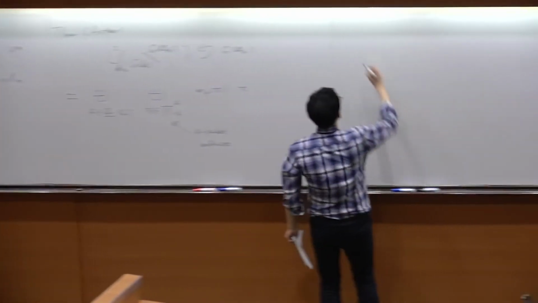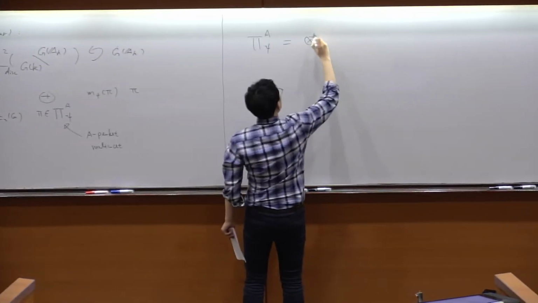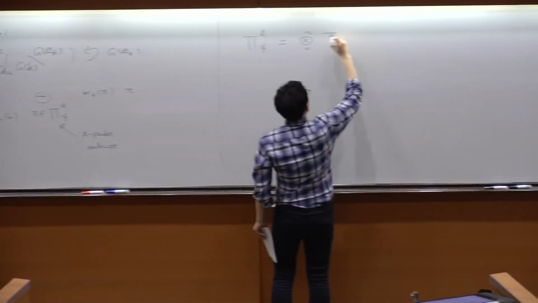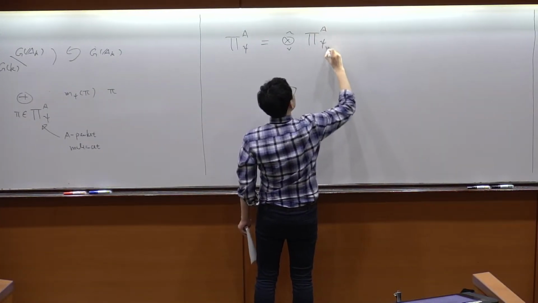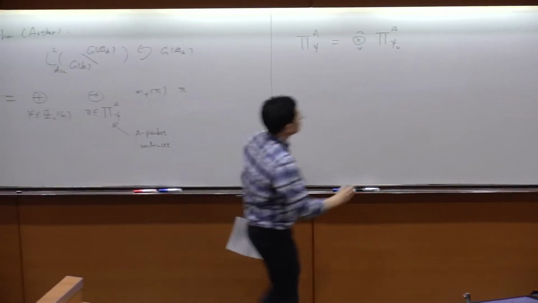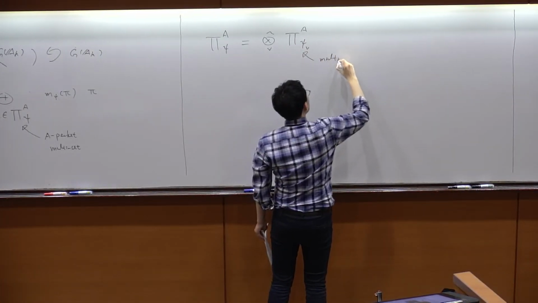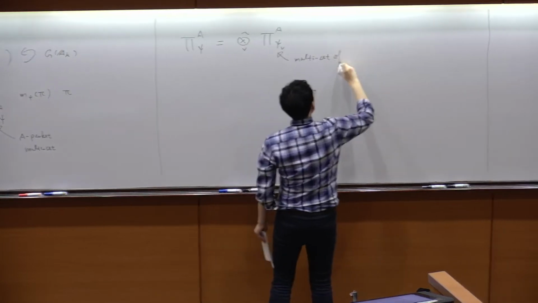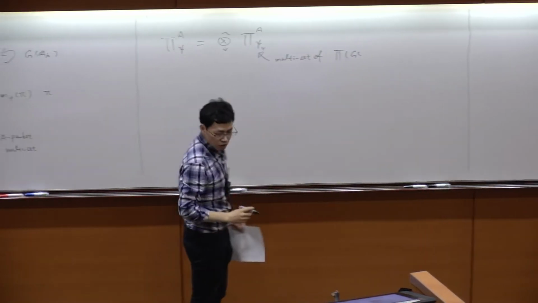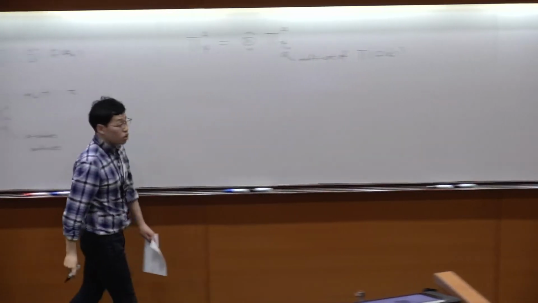So what's important for our talk is if you look at this global A-packet, you can decompose it as a restricted tensor product of this local analog. So this will be called the local A-packets. And again, this will be a multiset of irreducible representations of the local group.